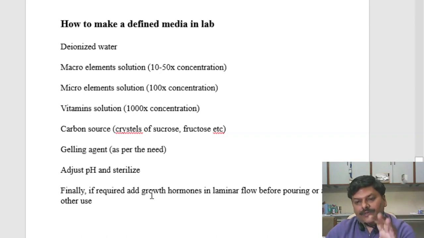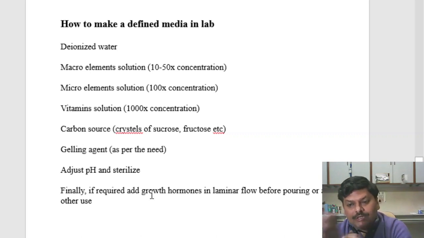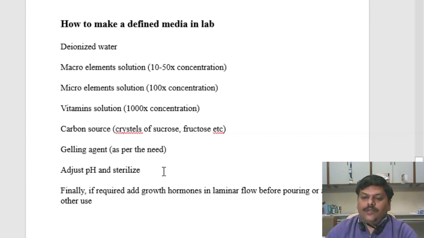Now when we make this nutrient media, it is basically cake for every type of cell to grow. Say for example microbes, bacteria, fungi, they are everywhere. So before using this defined media for plant tissue culture, we need to sterilize it. That means we need to get rid of all the bacteria and microbes which are already present in our ingredients. And how do we do this?